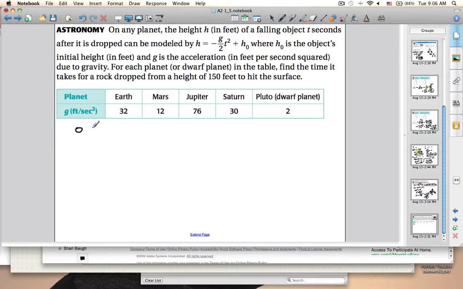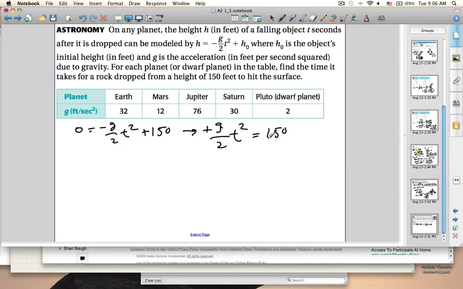So 0 is equal to the opposite of gravity divided by 2 times t squared plus the initial height, which is 150. So I know every time I'm going to add g divided by 2 times t squared to either side of the equation. So I could say g divided by 2 times t squared equals 150.